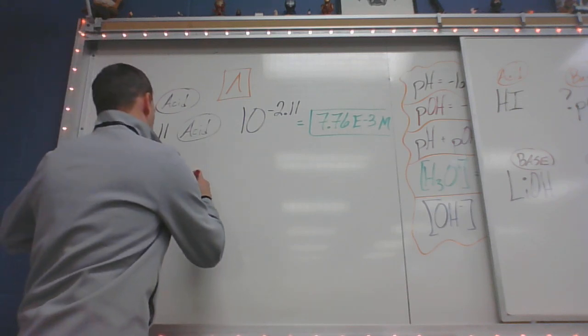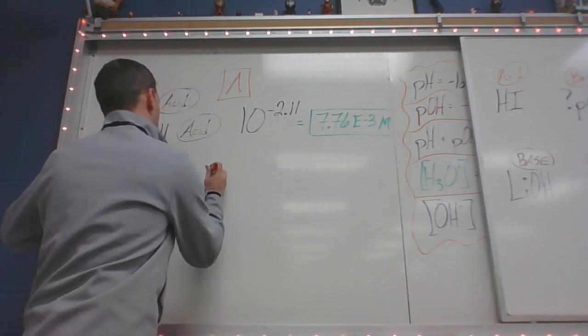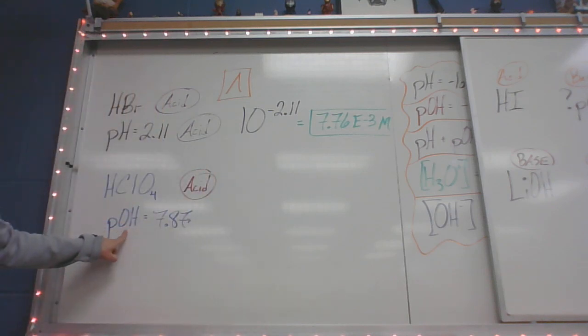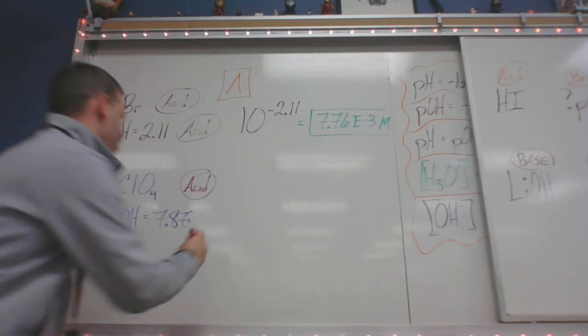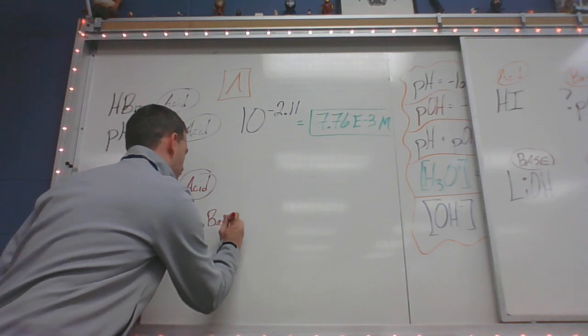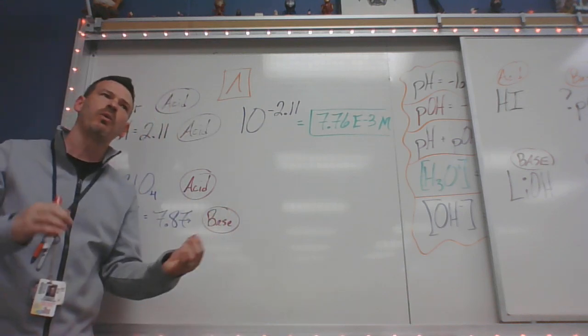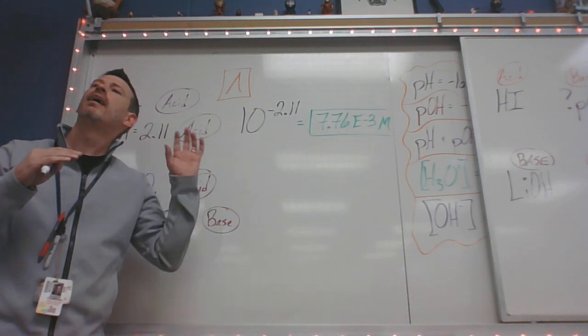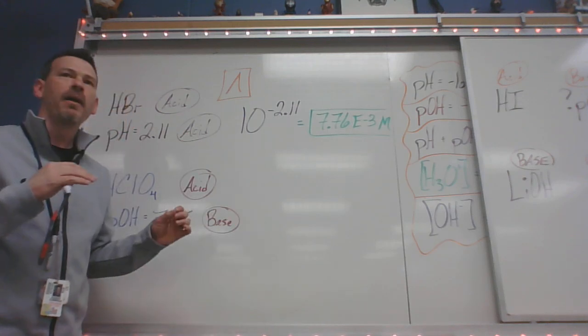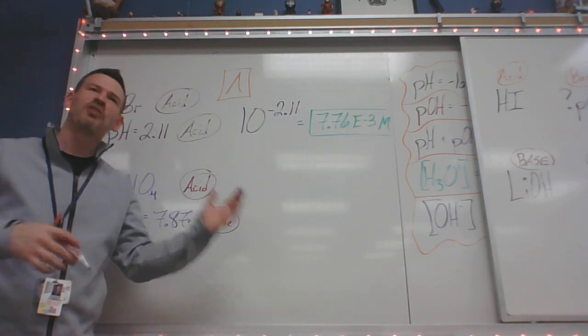Acid, it starts with H. pOH, acid or base? There's the mismatch. Now, you know how when it mismatched going forwards, we would do negative log followed by subtract from 14? This time, you just do it the other way around.